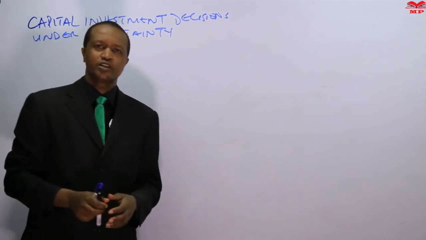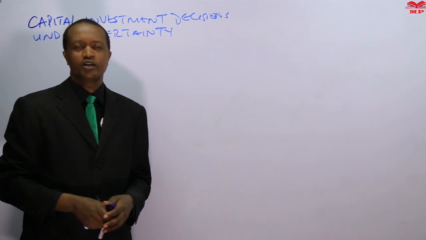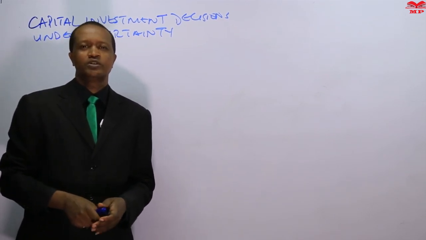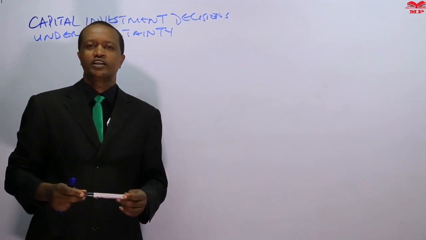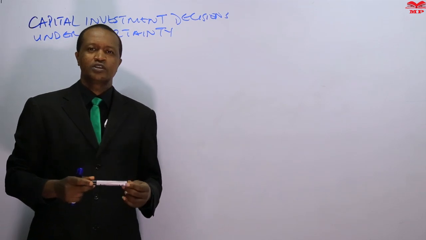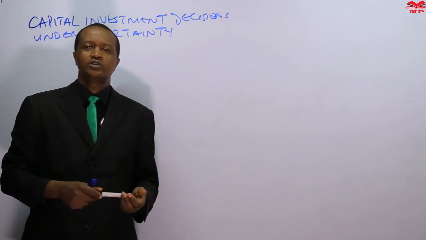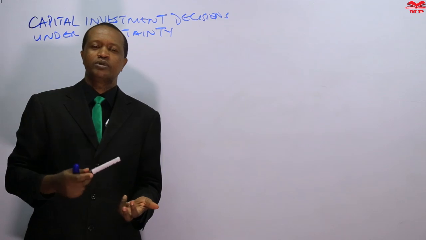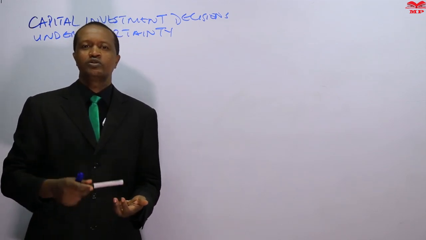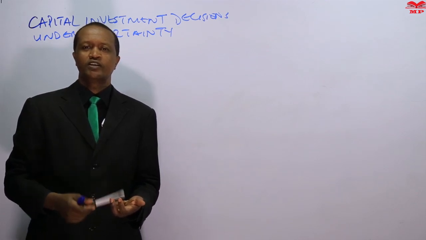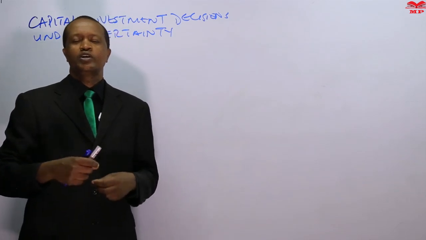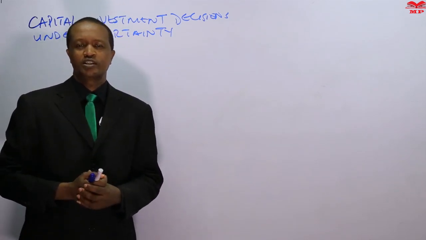In our introductory lessons, if you remember well, we talked about the functions performed by a finance manager in a business organization. One of the functions was capital budgeting decisions. It is the function of the finance manager to advise the management as far as capital investment decisions are concerned.